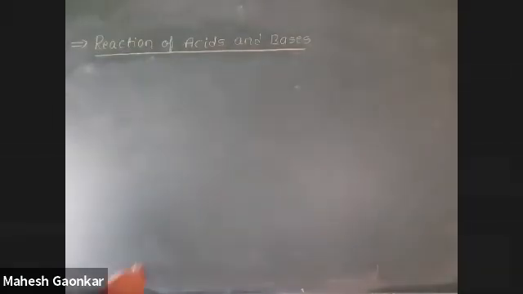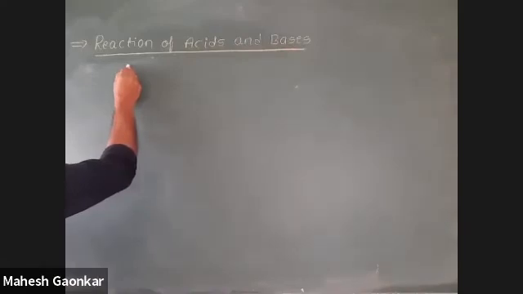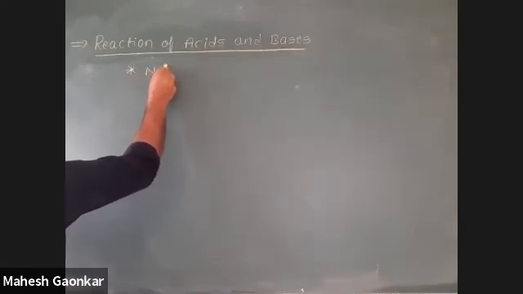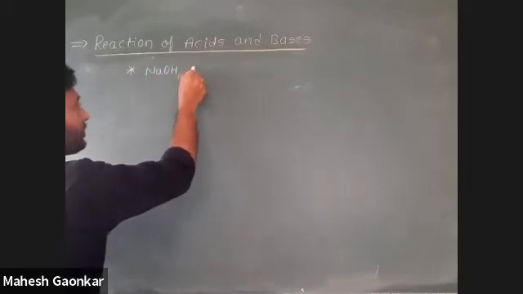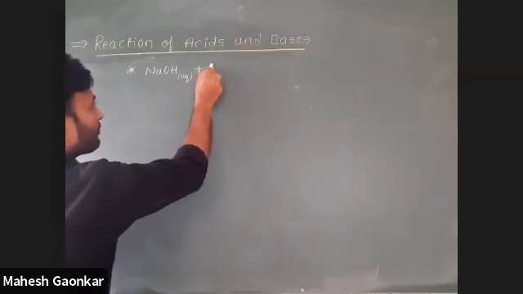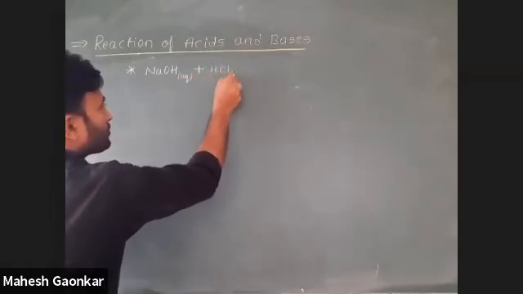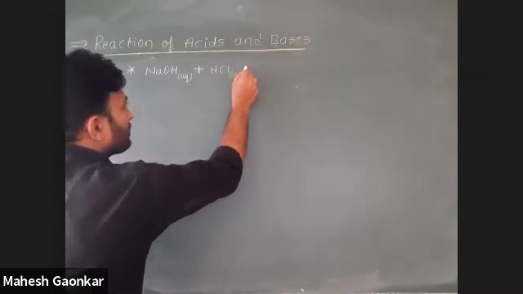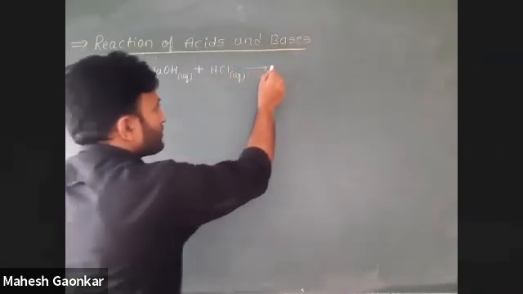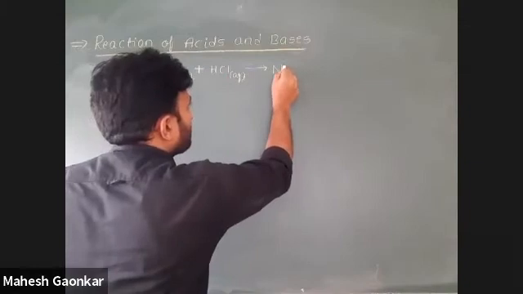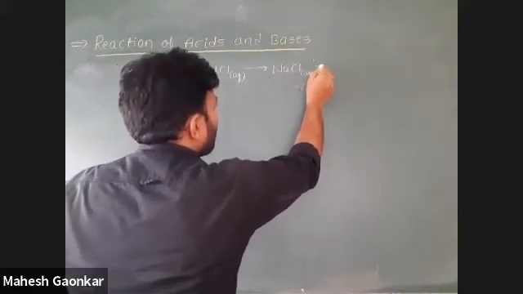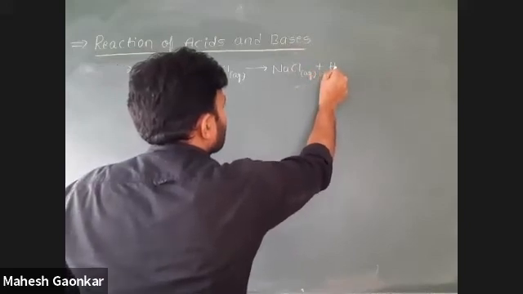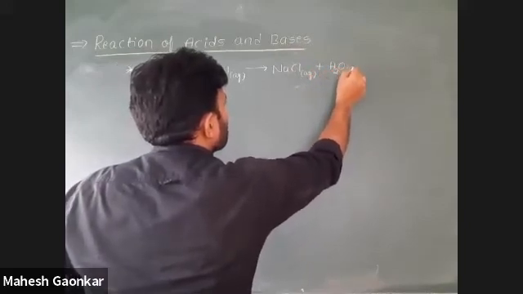First one we already discussed. First example, NaOH plus HCl aqueous gives NaCl aqueous plus water.